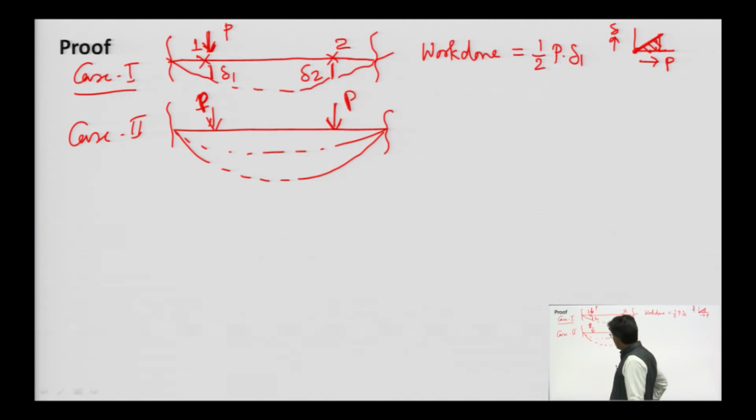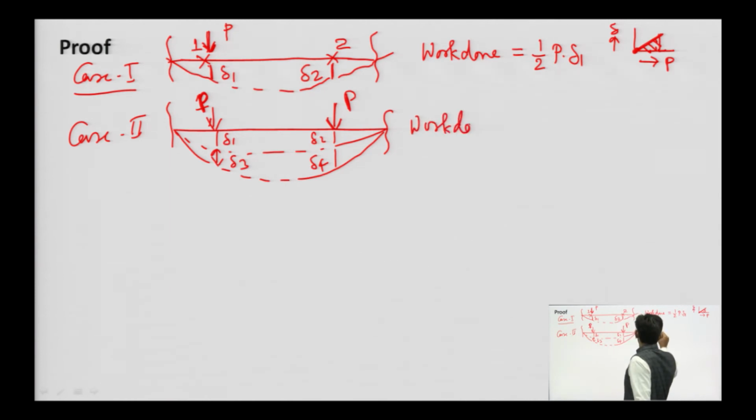Then here, initially it was del 1 and del 2. Now say it is del 3 and del 4. So, in this case, what is the work done?